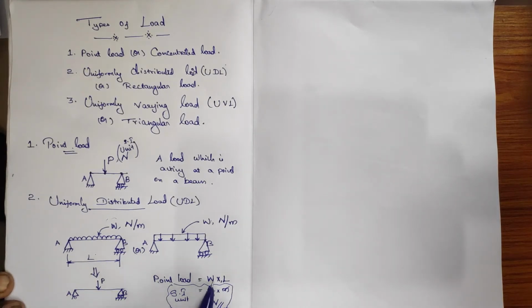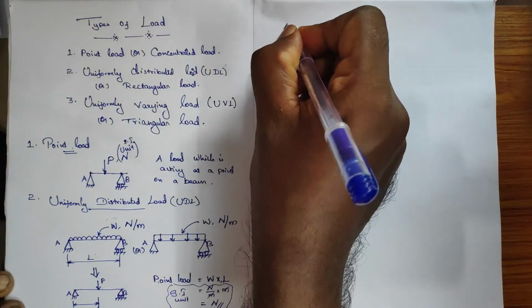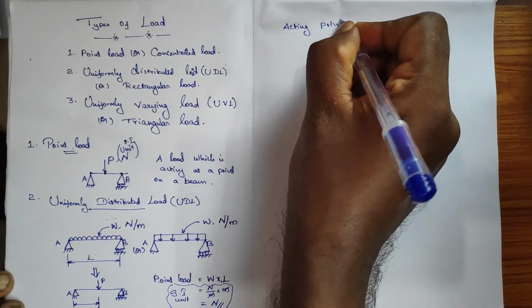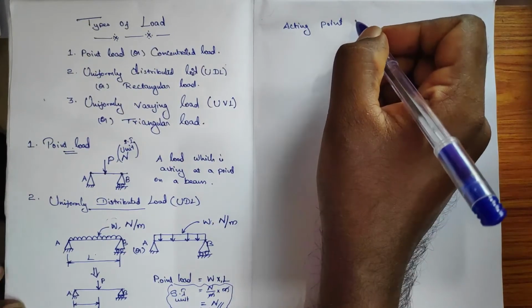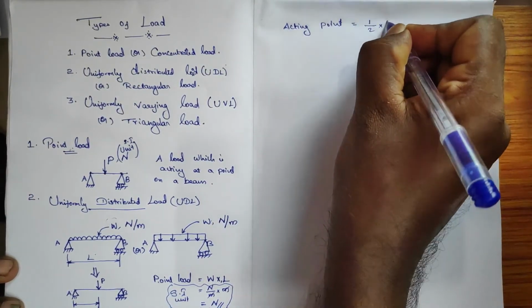So the point load is W into L, and we shall know where it is actually located on the beam between A and B. The acting point for the uniformly distributed load is 1 by 2 of its length.